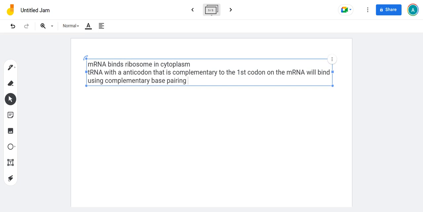Now, they always want you, when you say complementary base pairing, to say what the pairs are. So because we're talking about RNA here, not DNA, it's not A and T, it's A and U and C and G. Okay.